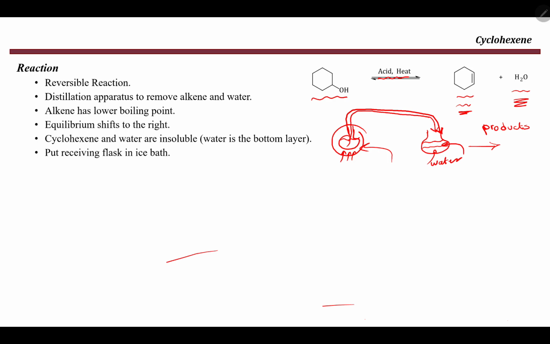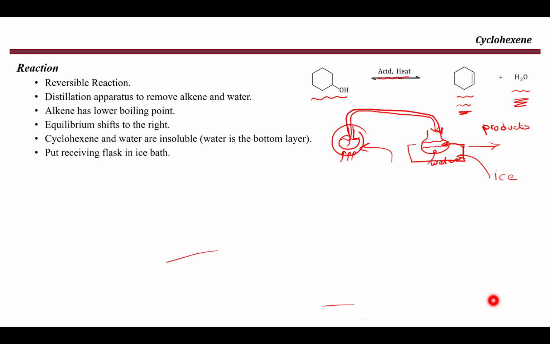Also, there's one more thing which should be taken into consideration: the receiving flask should be placed in an ice bath. The reason for doing this is that cyclohexene has a low boiling point. So if we didn't do this, we may lose our cyclohexene by evaporation.